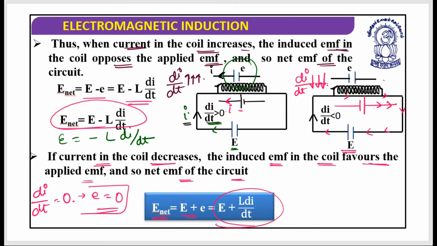So an inductor can behave as a battery when it has a current which keeps on changing. If the current is not going to change, then di by dt is zero, and that means this inductor cannot behave as an EMF.